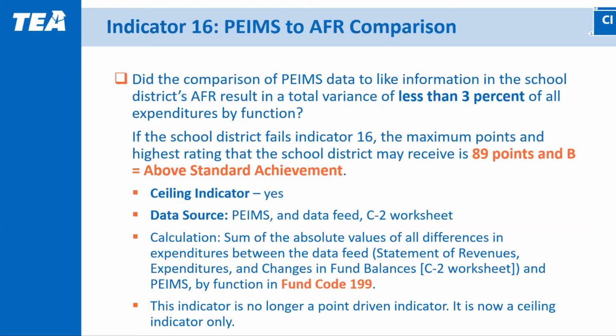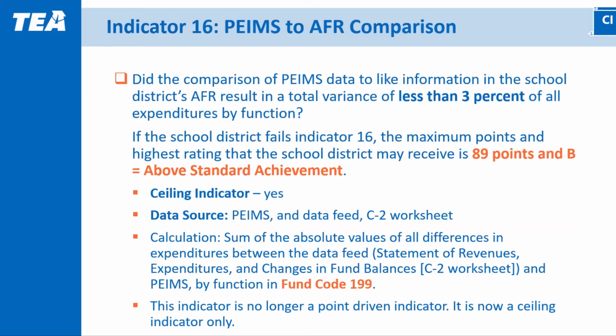There is no change to this one except it's moved to a ceiling indicator, and we're comparing your PEEMS general fund information to your AFR expenditure information for 199. I try to stress that because sometimes there's some confusion on what we're actually looking at.